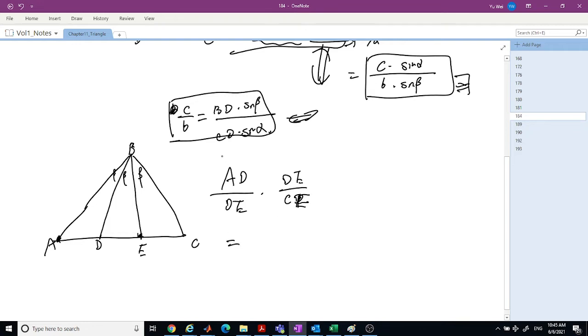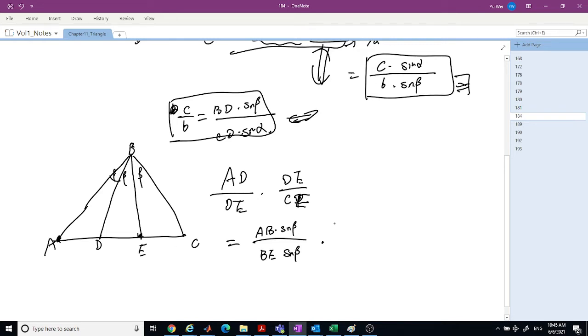Okay, so AD over DE is equal to AB times sine beta over BE times sine beta, right? AB times this angle, BE times this angle, the common side, the area, right? Times DE over CE, right?